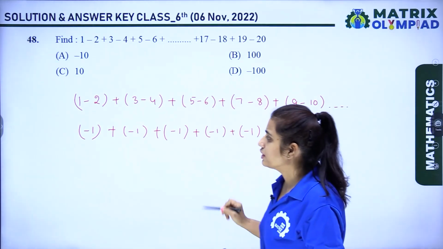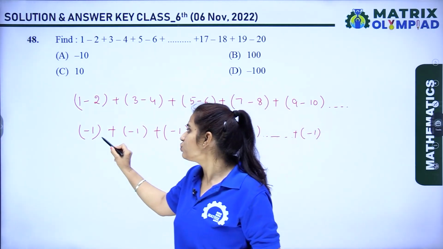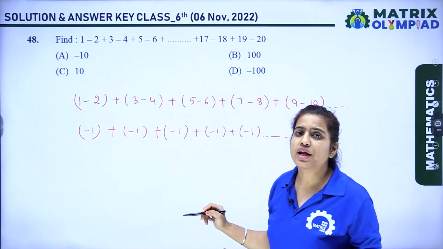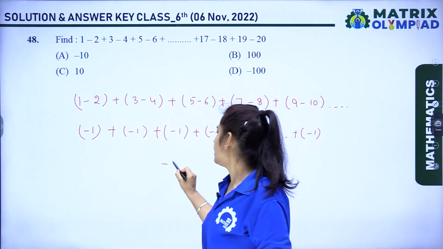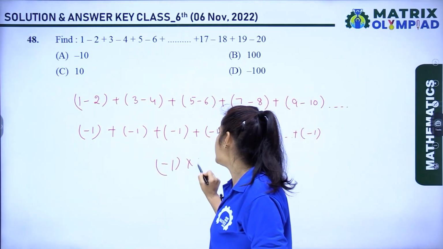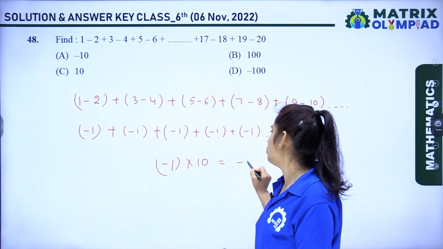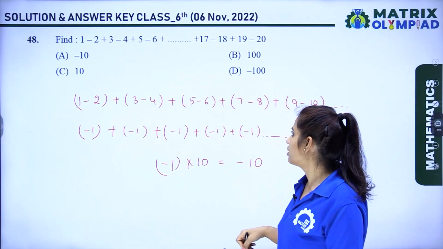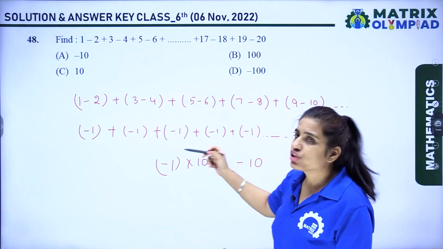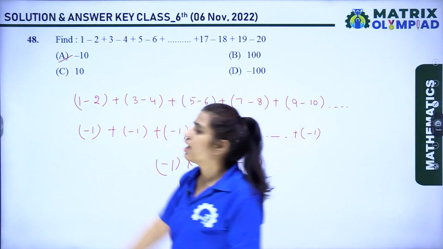So minus 1 is added 10 times, which is minus 1 multiplied by 10, equal to minus 10. So option A is the correct answer.